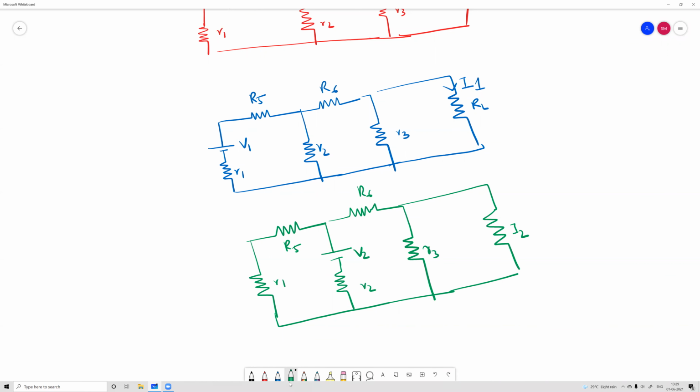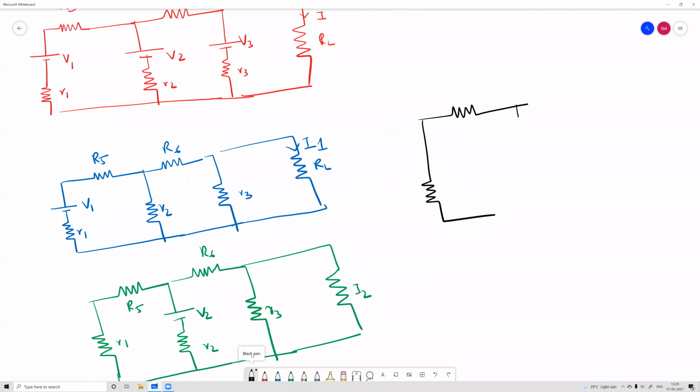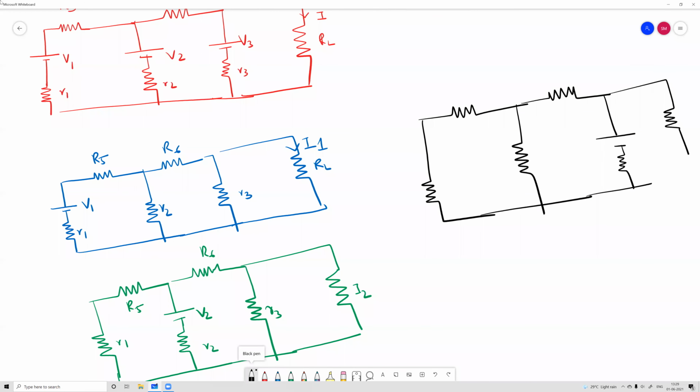And finally, when only V3 is present, this is I3, this is RL. Everything else remains the same. I only short circuit the remaining voltage sources, and if there are current sources, we have to open circuit.